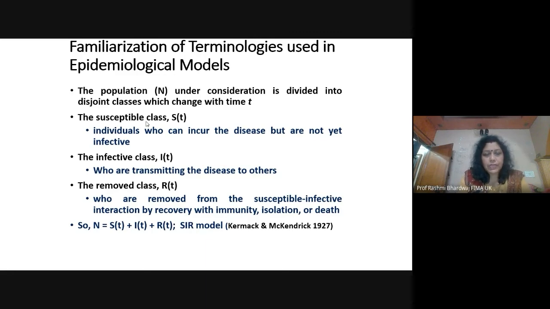It is known as the SIR model. And this model was initially defined and studied in 1927 by Kermack and McKendrick. And they showed that the total population of any epidemiological model is nothing but susceptible, infected, or recovered ones.